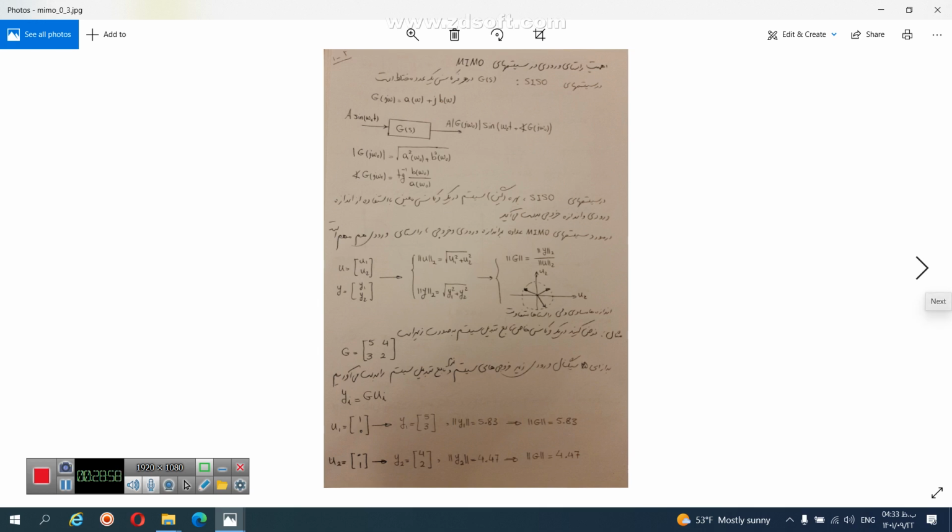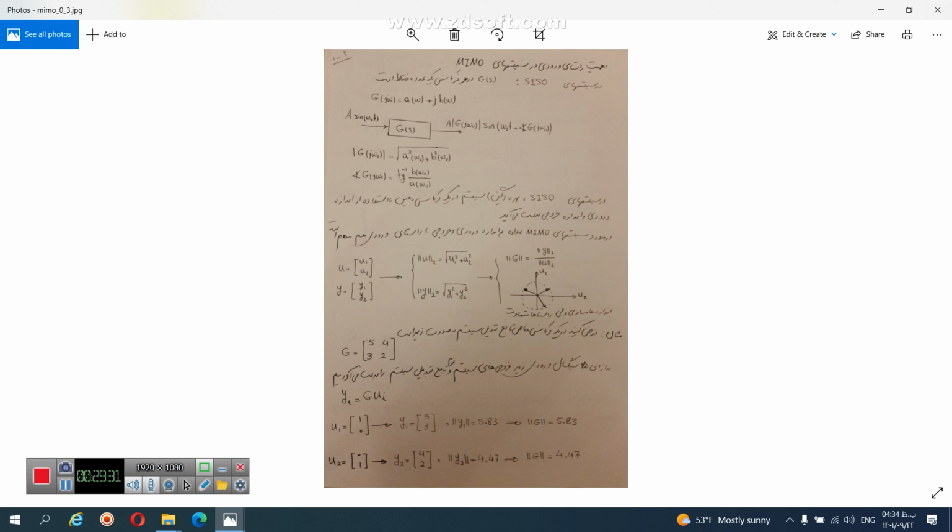In a MIMO system and a SISO system, if we want to find the transfer function, see this. For example, consider G as a SISO system, for example G equals 4. If the input of the system is 2, the output becomes 8. 4 multiplied by 2 becomes 8.